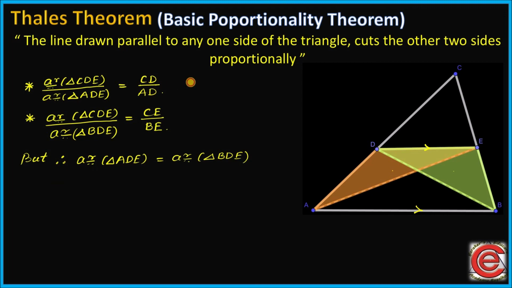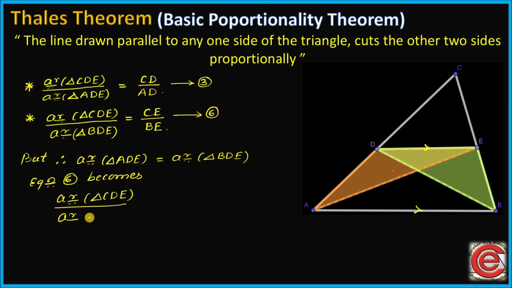Hence equation 6 becomes area of triangle CDE divided by area of triangle ADE, because in the place of BDE we have substituted ADE, but the RHS remains the same, CE divided by BE.